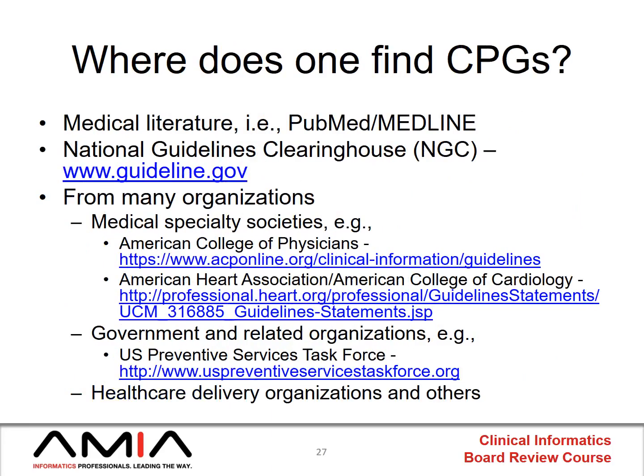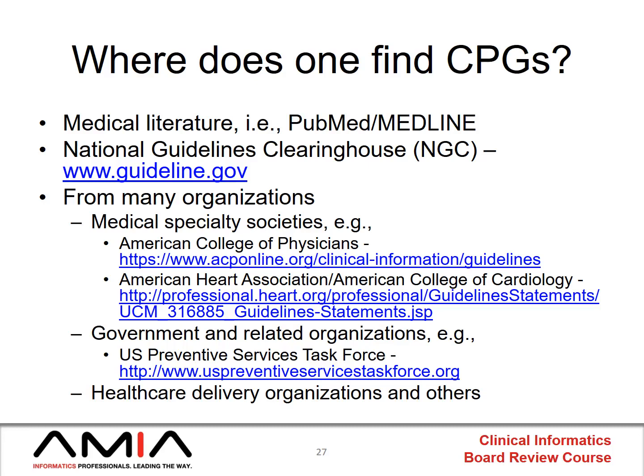Where does one find clinical practice guidelines? There are many places where one can find them. They are often published in the medical literature, so one can search the PubMed system to find clinical practice guidelines. There's also a website from the Agency for Healthcare Research and Quality called the National Guidelines Clearinghouse.